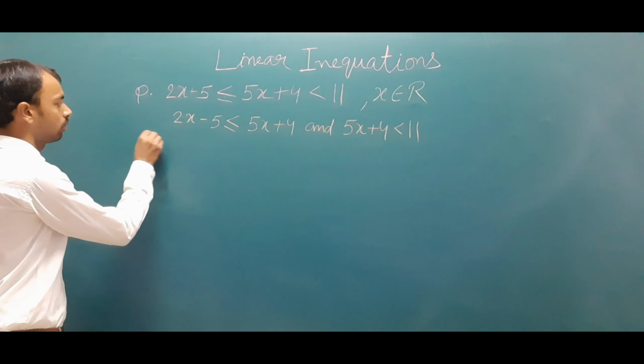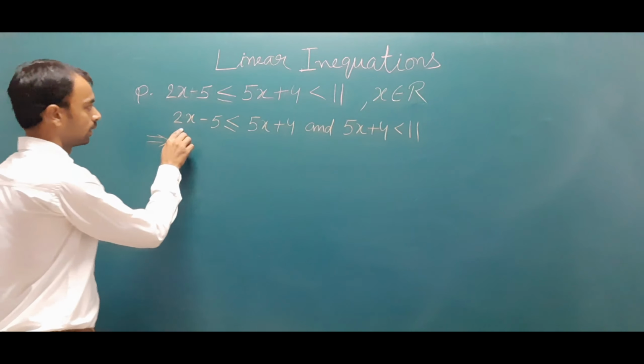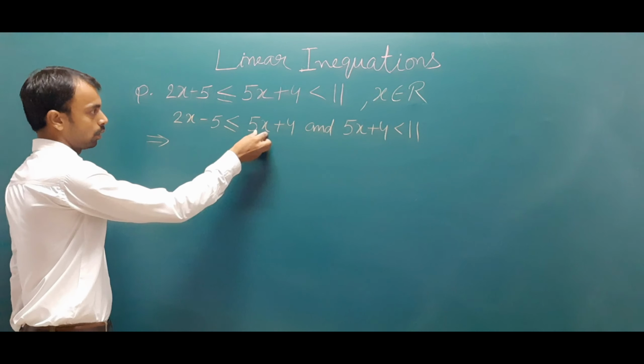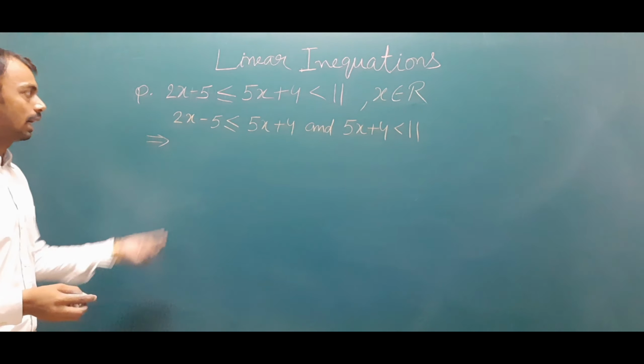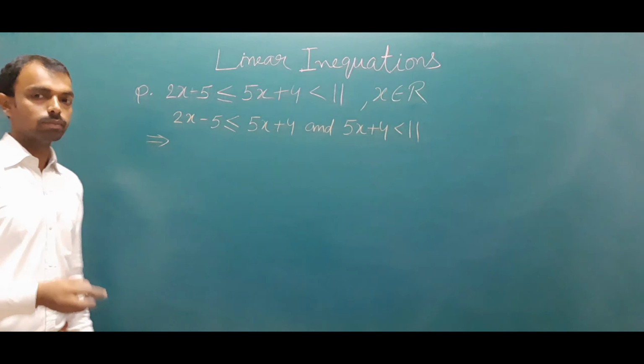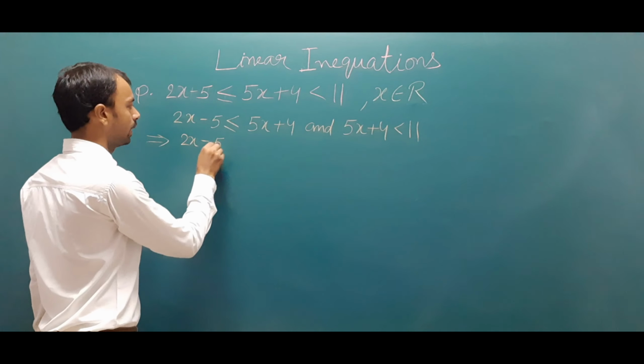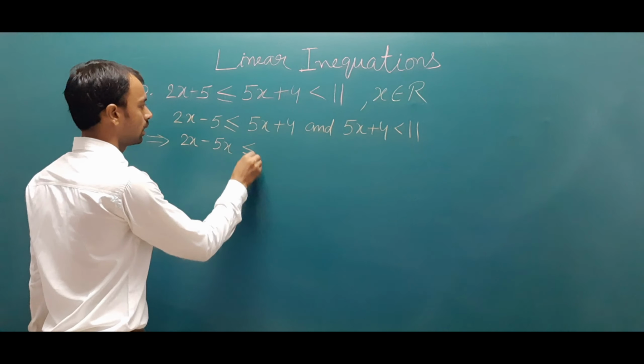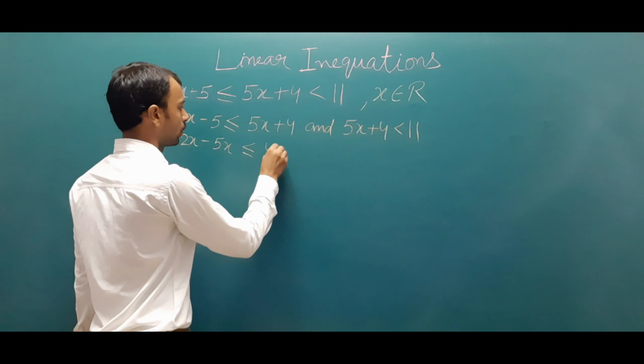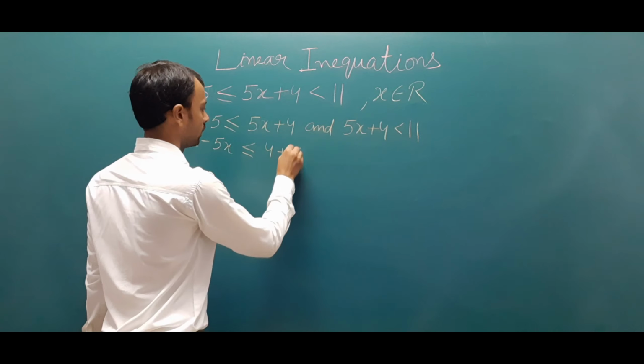Okay, now here we will transform x terms to the same side and constant terms to the same side. Now 2x minus 5x is less than or equal to 4 plus 5, isn't it?